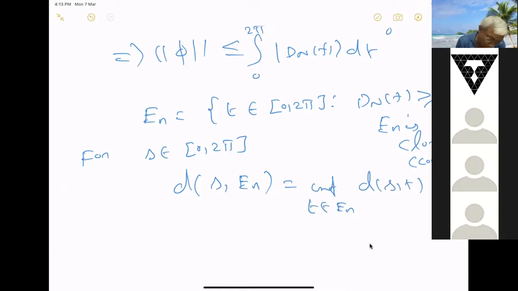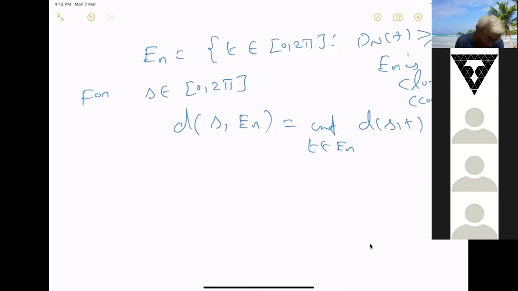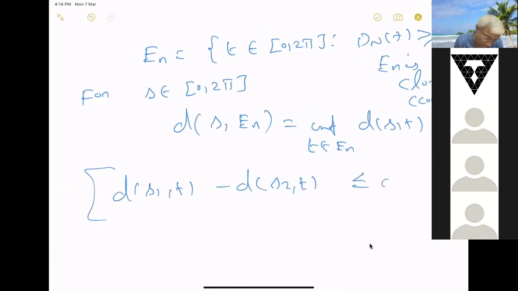For example, d(s1, E_n) minus d(s2, E_n). I'm just giving the proof that it is continuous. By the triangle inequality, this is less than or equal to d(s1, s2). But then you can reverse the inequality and put a mod here, which will be d(s2, s1).